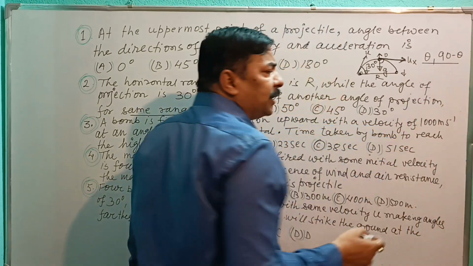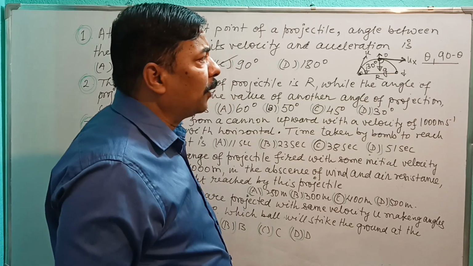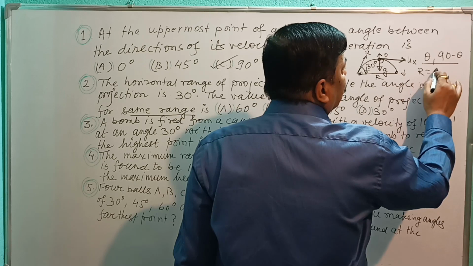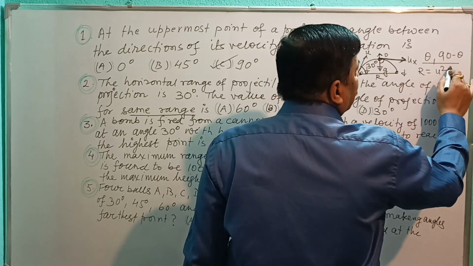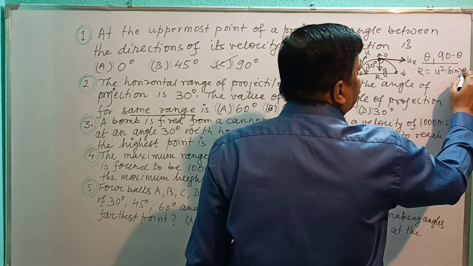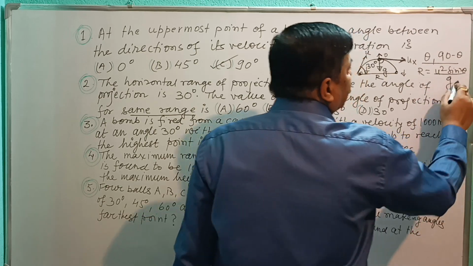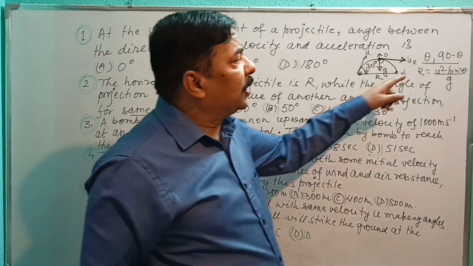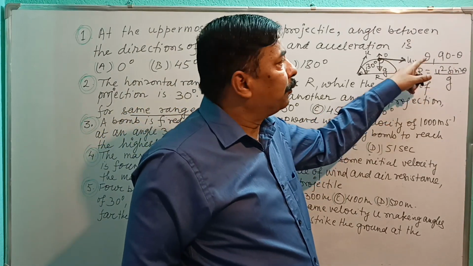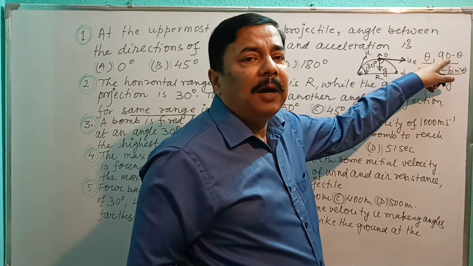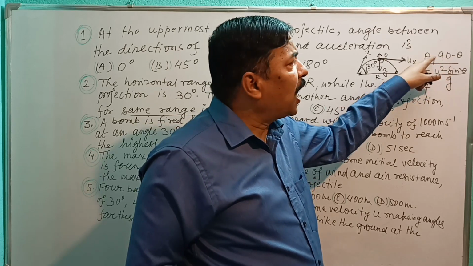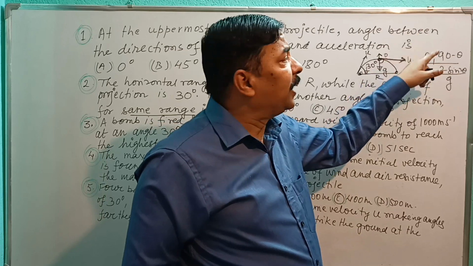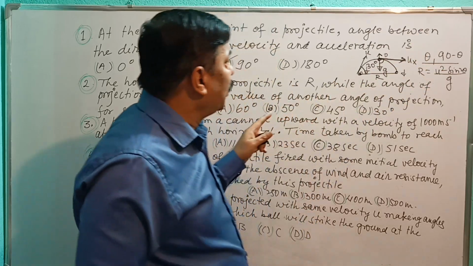You have seen in the theory that the range remains the same, that is R equals u square sine 2 theta by g. This is the range formula that you should remember, and it is valid for theta and 90 minus theta also. So for theta and 90 minus theta, the projectile will have the same range.